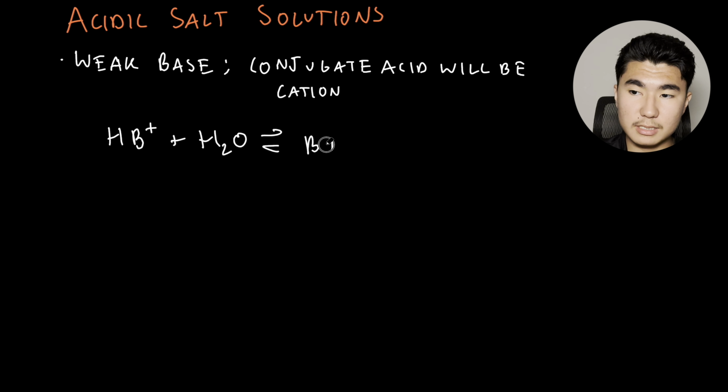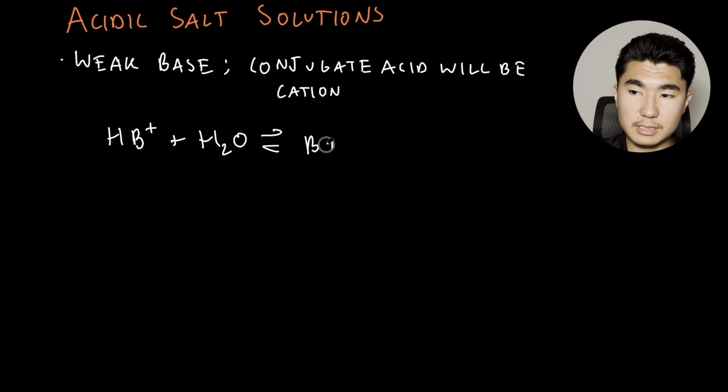Now you might be wondering, well, this looks different from our usual equation, which is those double bars, and then we have our conjugate acid plus OH minus. The reason why is because in salts, we have cations and anions. We have positively and negatively charged ions. In this equation over here, the base is just reacting with water.